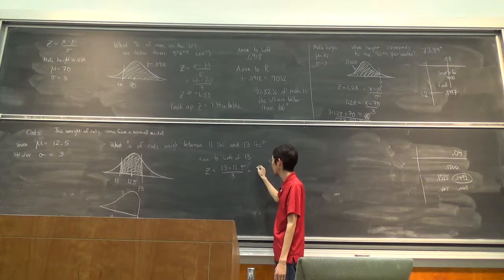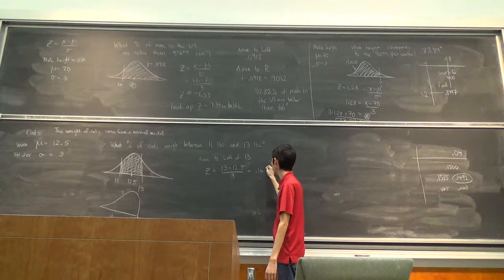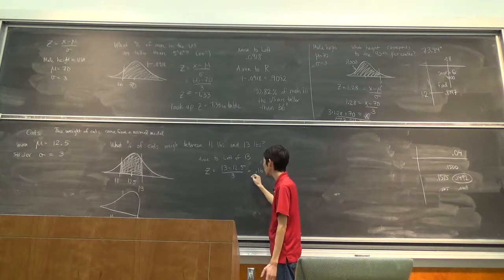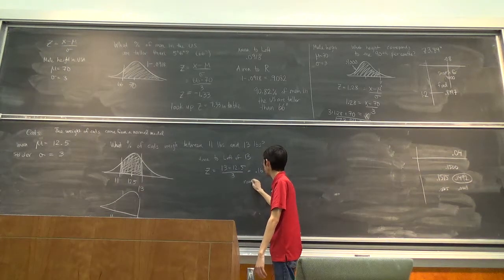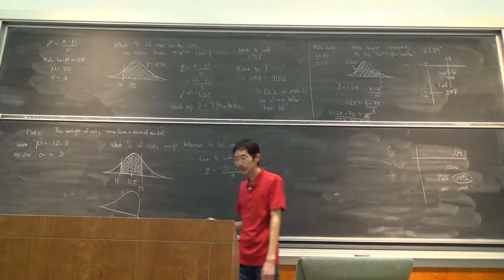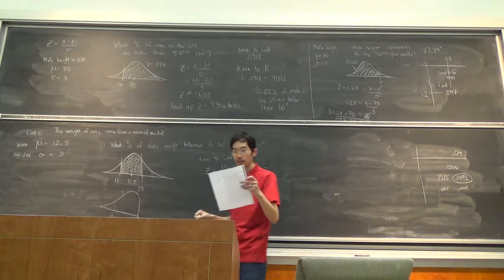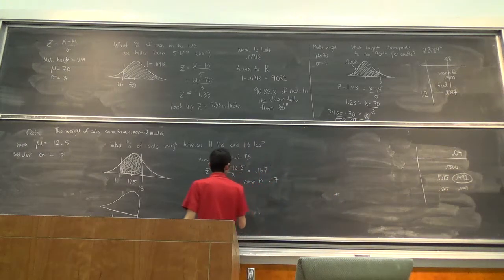What do I get? 0.1667, okay, or 0.167. So I have to round to 2 decimal places. Your z, always round to 2 decimal places, okay? Not the area, but the z. So round to 0.17. I look up 0.17 in the table. The area to the left of 0.17 is 0.5675.